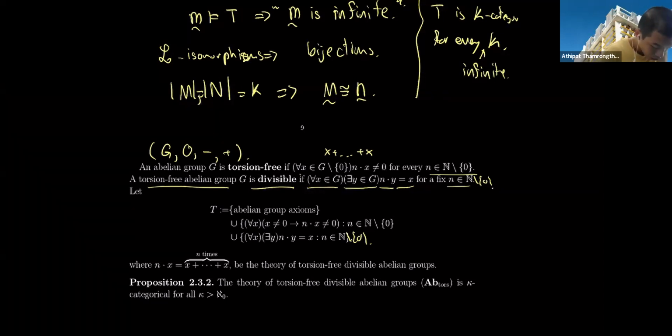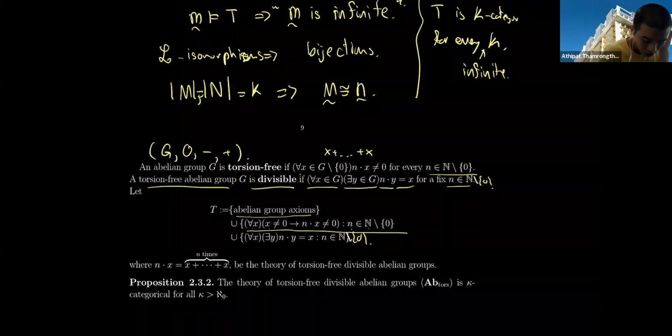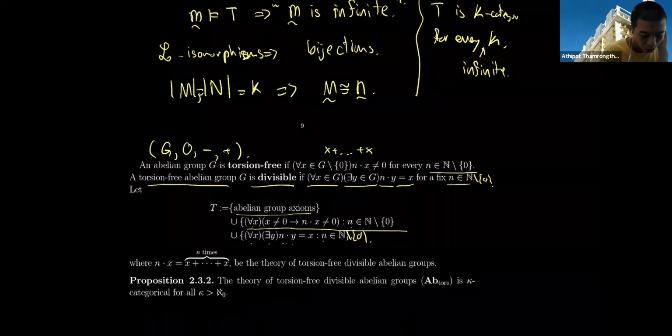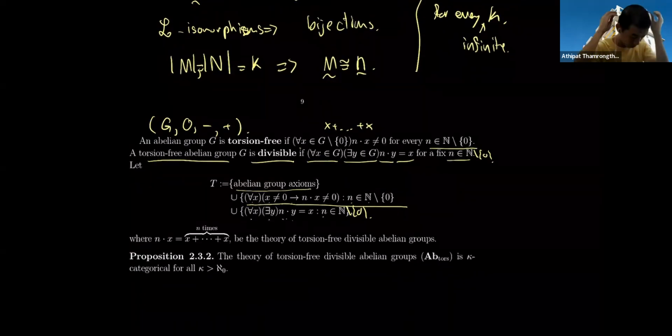And here we can show that if we consider the theory of torsion-free abelian groups, T, which consists of the axioms of abelian groups and the sentence that says that for every x, x is not equal to 0 implies that n times x is not equal to 0, for every n that is a non-zero positive integer, and for every x, there exists a y such that n times y is equal to x when n ranges over positive integers.